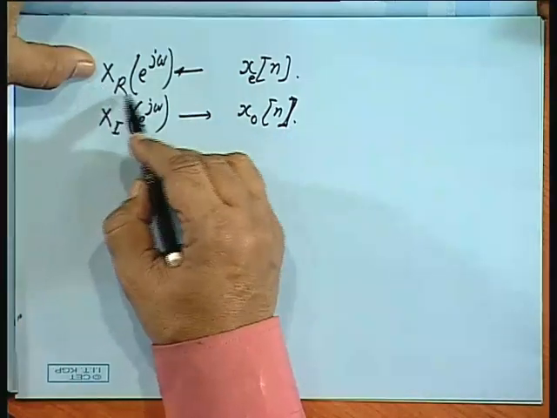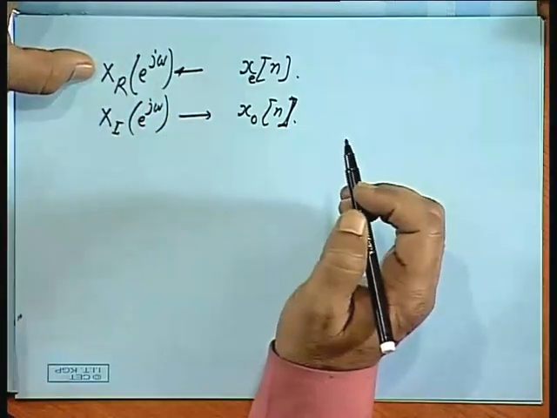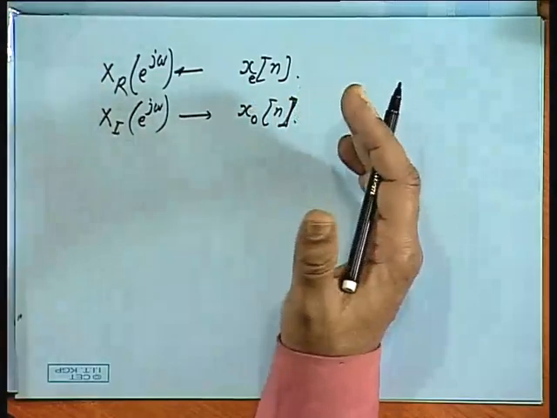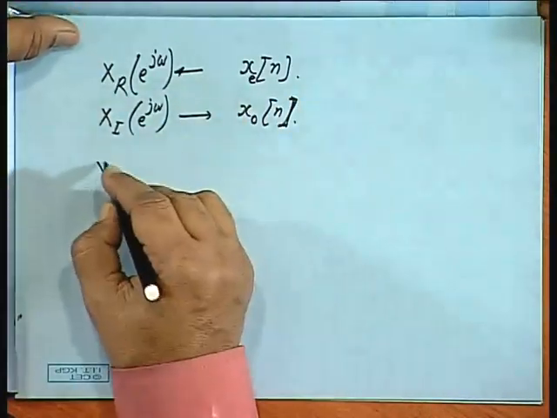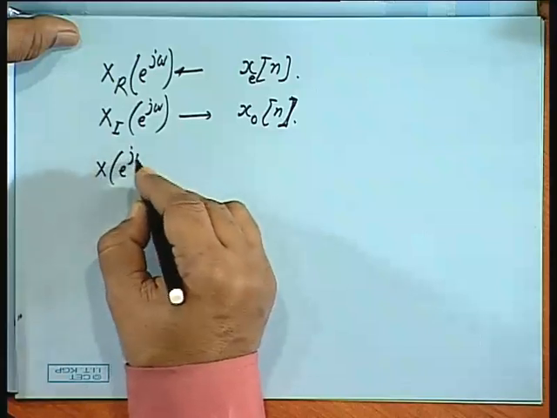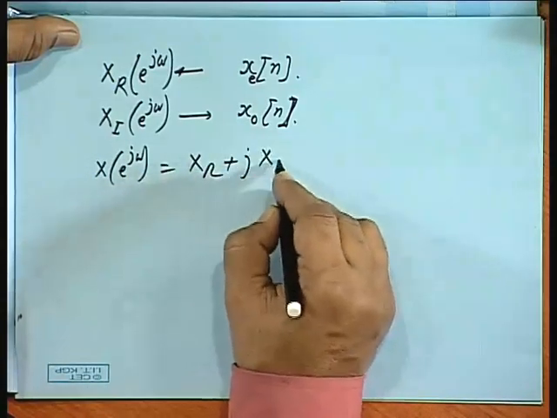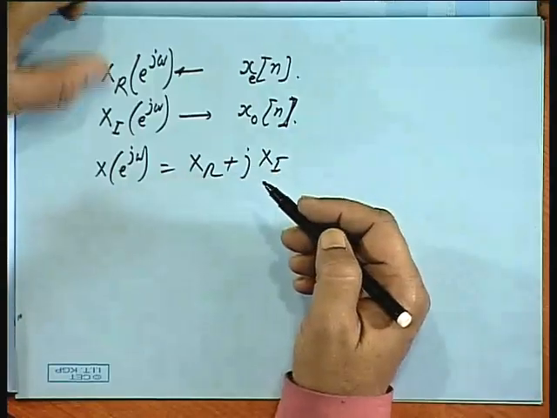So, if you are given the real part of the DTFT, that is the frequency response of the discrete system, you are given only the real part, this function, then how do you realize the odd part or the total function, total x? Total x is x r plus j times x i, this plus this, is it not.